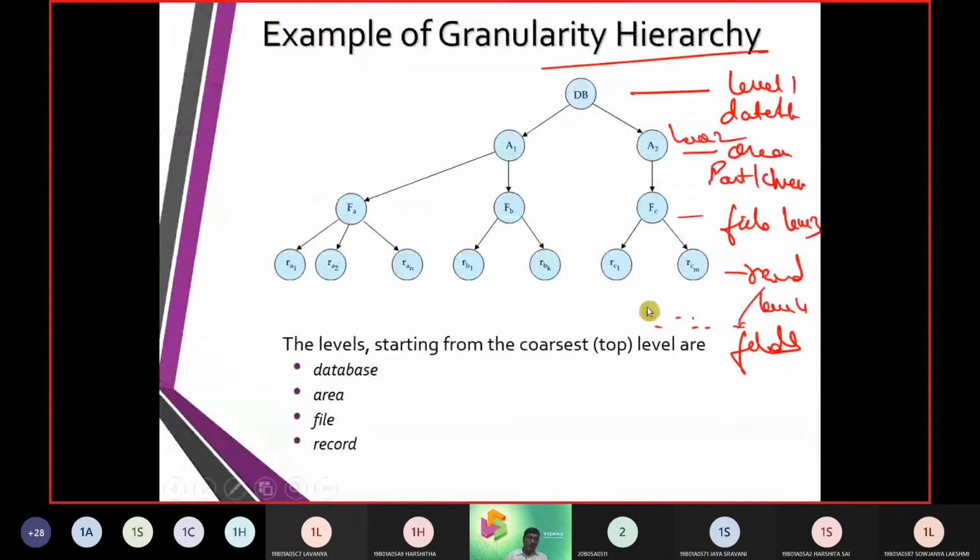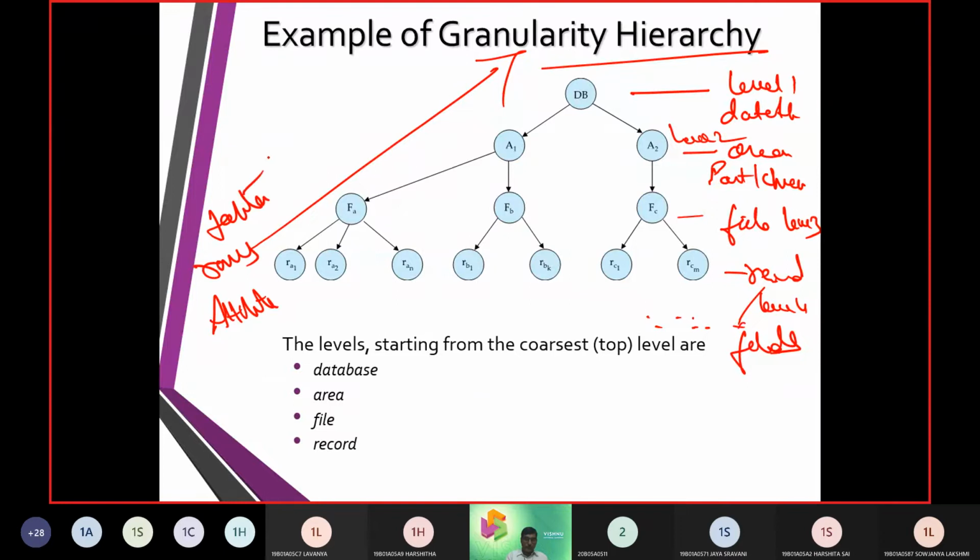When we go from lower levels to higher levels, it affects the attributes, then the tables, then the parts of the database, followed by the complete database. So that is the hierarchy it is going to affect. First it will be done on the attribute, then on the rows, followed by tables, then the database, and then the DBMS.